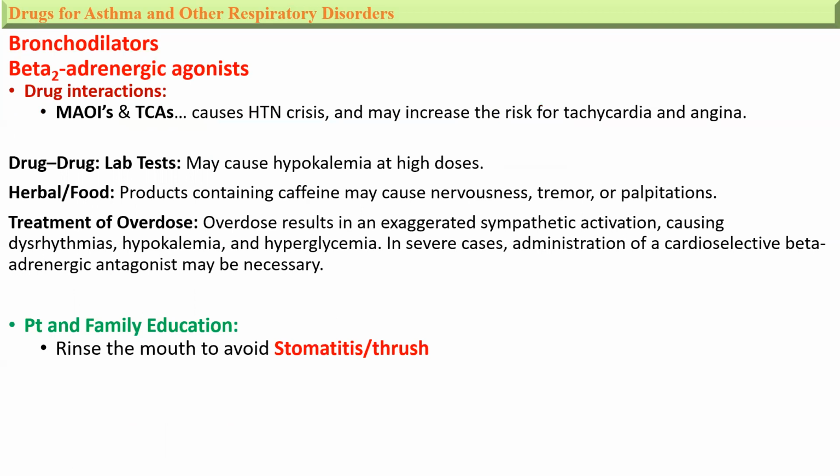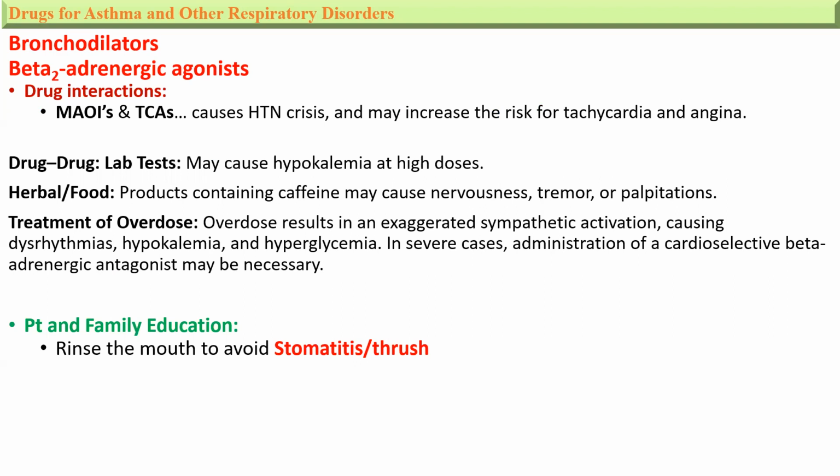As for the contraindications, albuterol may cause cardiovascular events in some patients, so we have to use the drug with caution in patients, as we said, with a history of cardiac disease, hypertension, or coronary artery disease.